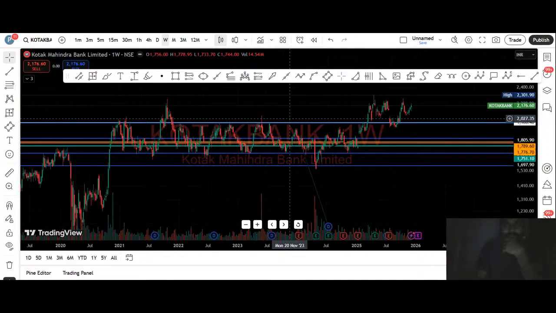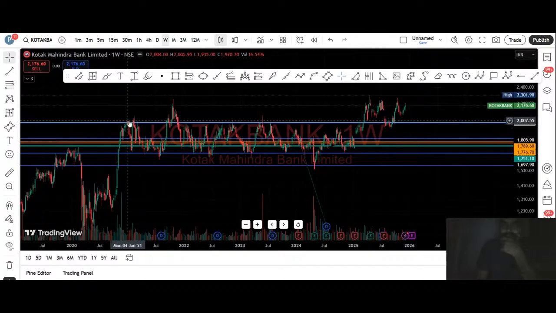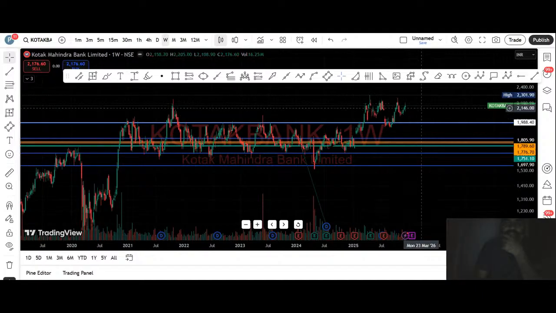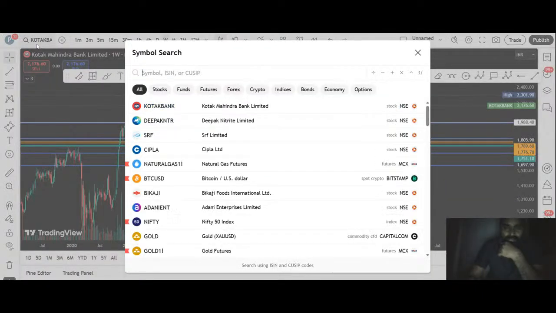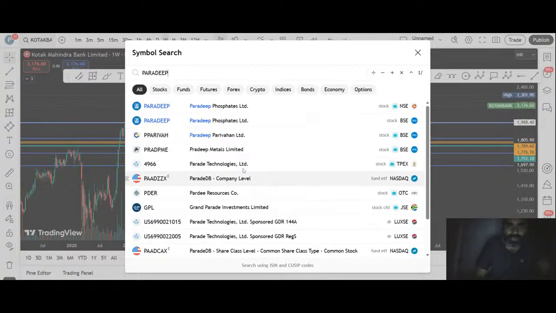This is a very big range in Kotak Mahindra Bank, right? From 2021 up to 2025, there are 4 years of consolidation and then a breakout. Retest also happened. It is still on the upside.